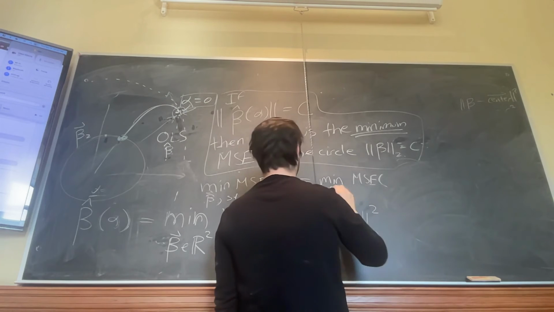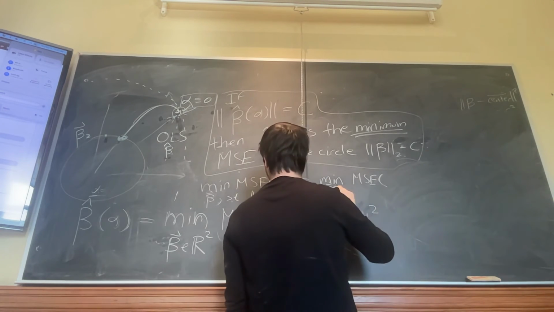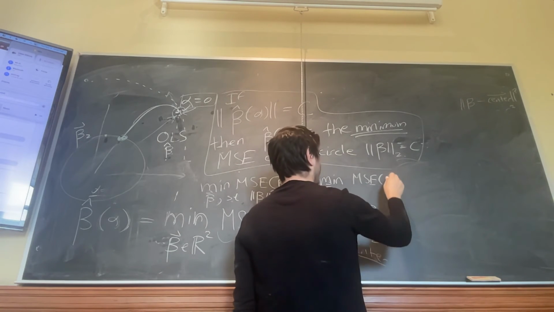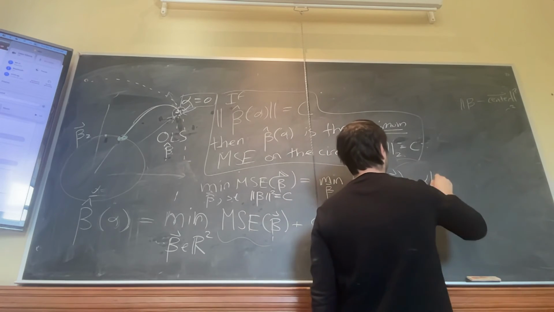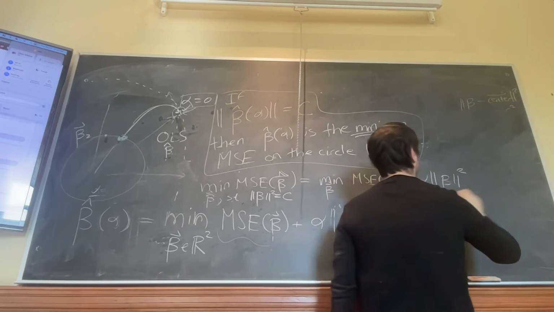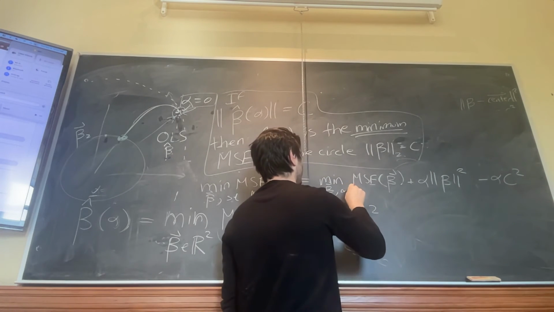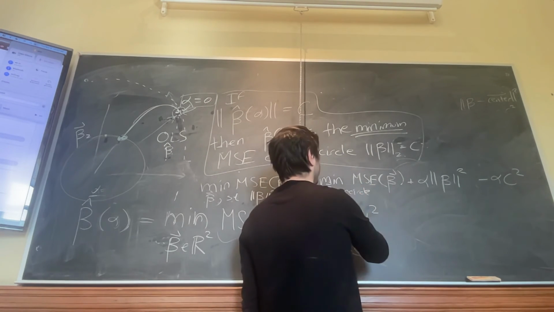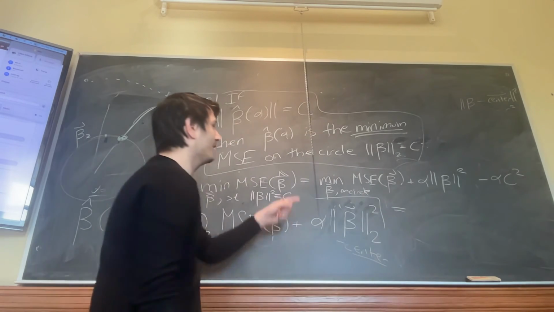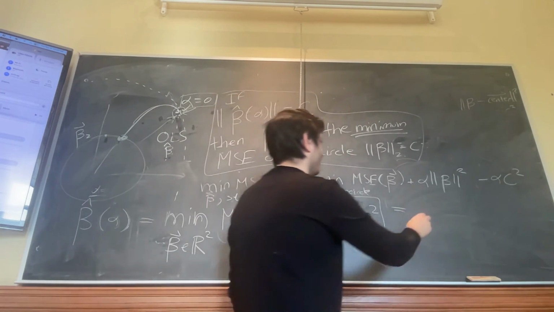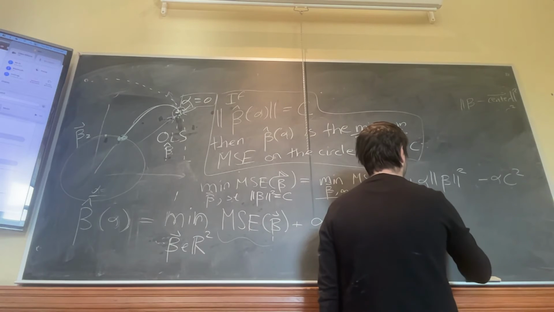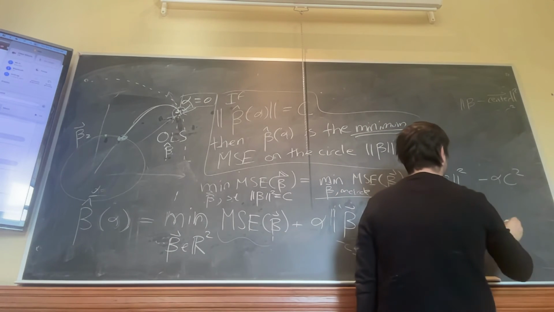The minimum over beta of MSE of beta plus alpha times the norm of beta squared, and then a minus alpha c squared, so those cancel on the circle. And this is equal to the minimum on the circle plus a constant.